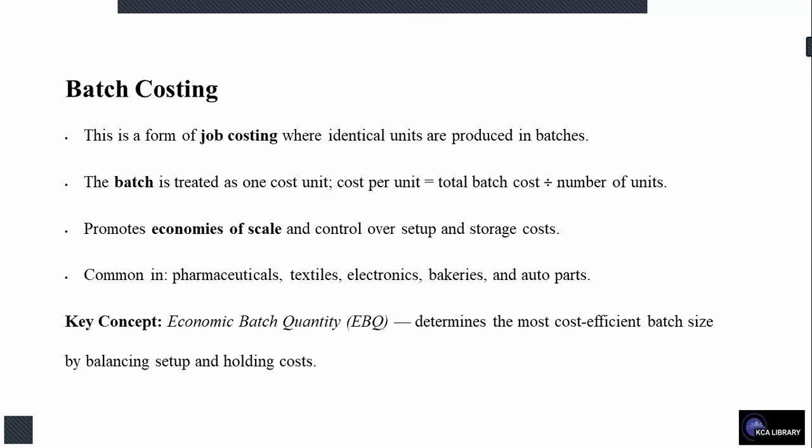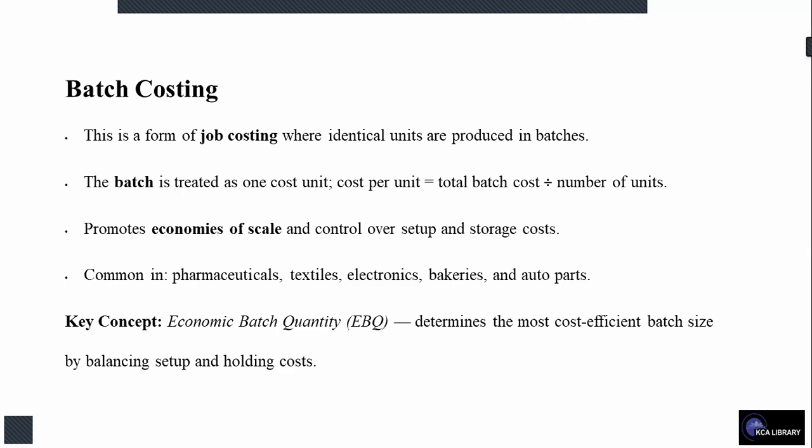We move to batch costing, which is a form of job costing where identical items are produced in batches, and the batch is treated as one cost unit. That is, cost per unit equals total batch cost divided by number of units, and it promotes economies of scale and control over setup and storage costs.